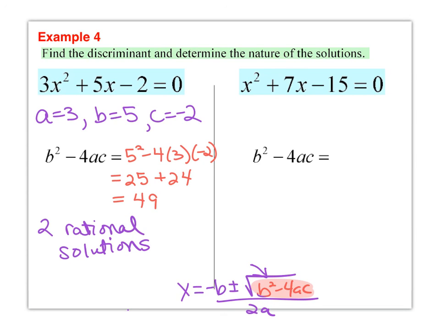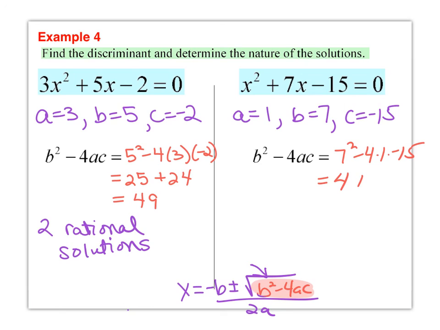On the right side, x squared plus 7x minus 15. Because the equation is written in standard form, we can identify that a is equal to 1, b is equal to 7, and c is equal to negative 15. Using the discriminant formula, b squared minus 4ac, 7 squared minus 4 times 1 times negative 15 is going to be 49 plus 60, which is 109.